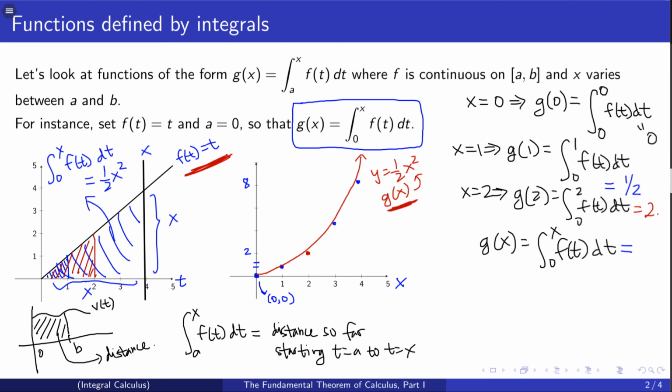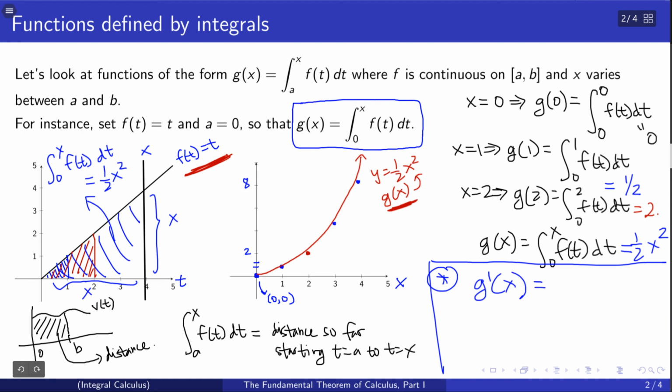Again, if you take the derivative of distance, you should get velocity back. And in fact, that's exactly what's happening here. Right, so this was 1/2 x squared. What happens now if we take the derivative of g of x? Right, so g prime of x is the derivative of 1/2 x squared.